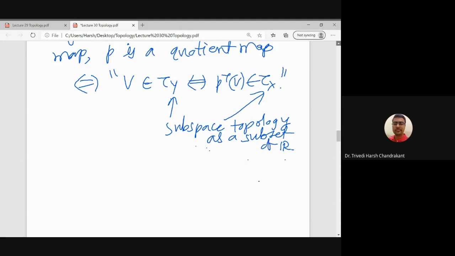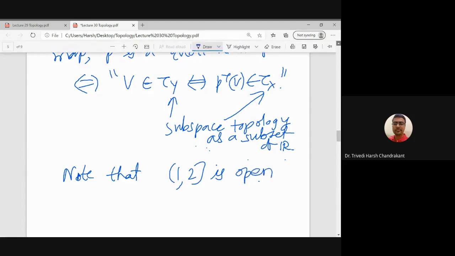Since we know that the codomain is the closed interval [0, 2], let us consider a particular open set in that. Note that the interval (1, 2) is an open subset of [0, 2] in the subspace topology.